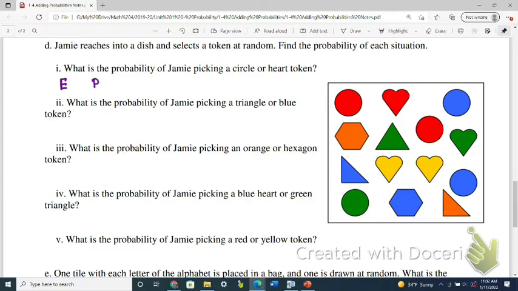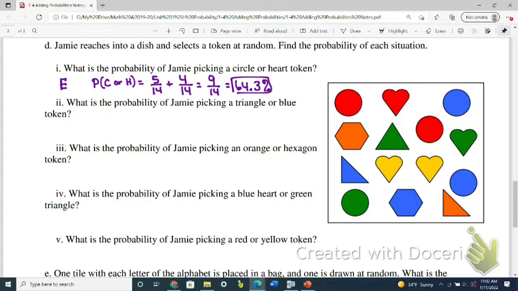So the probability of a circle or a heart. How many circles do I have? Count them up. I have 5. And how many hearts do I have? I have 4. So that is 64.3%.